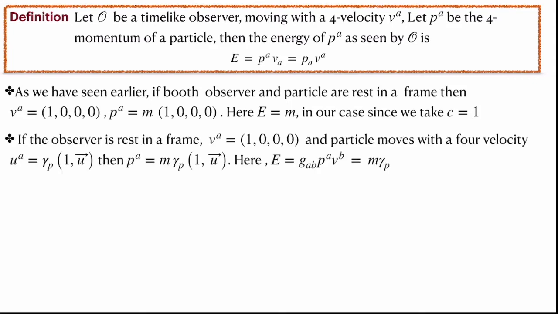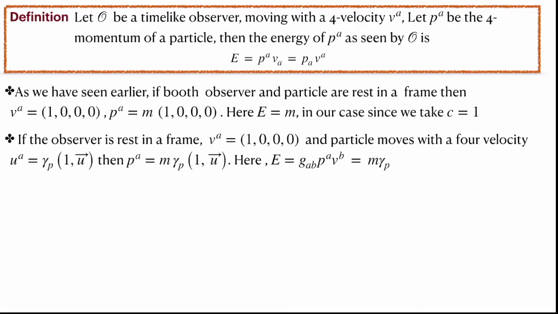Now let's consider the next case. In this case, your observer is at rest in an inertial frame and whose 4 velocity is given by (1,0,0,0). That means basically he is following the time-like line and there is no spatial velocity involved. Now, if a particle is moving with the 4 velocity u^a equal to gamma_p into (1, u), where u is the spatial velocity.